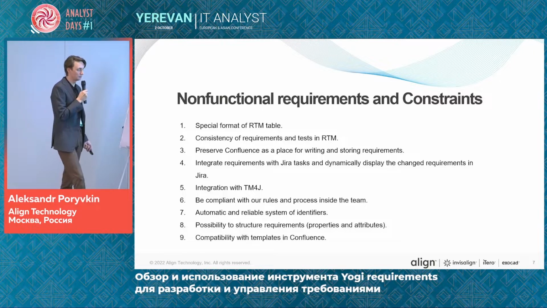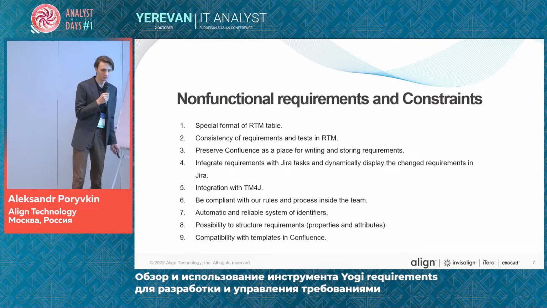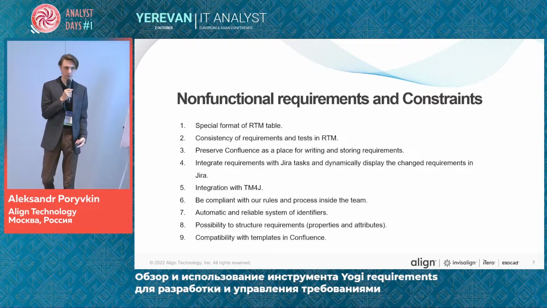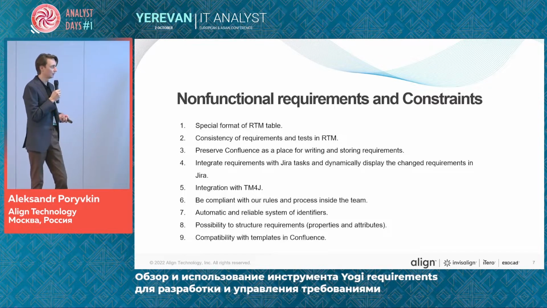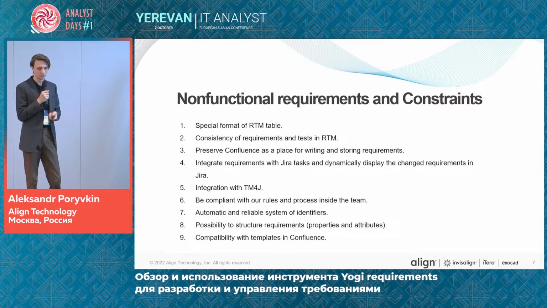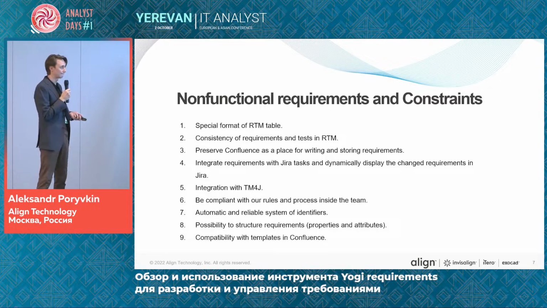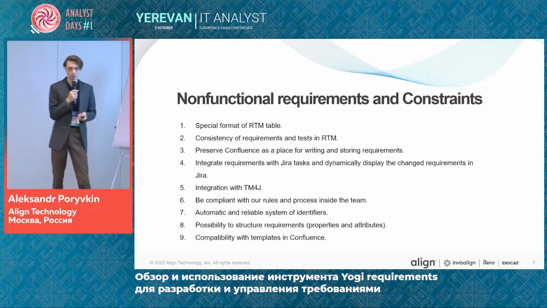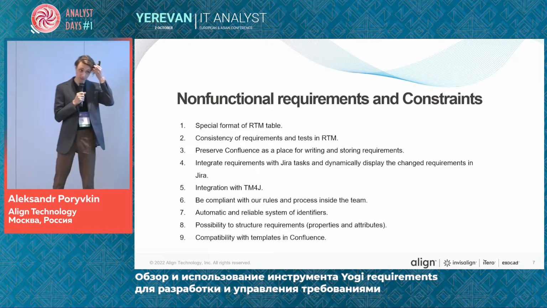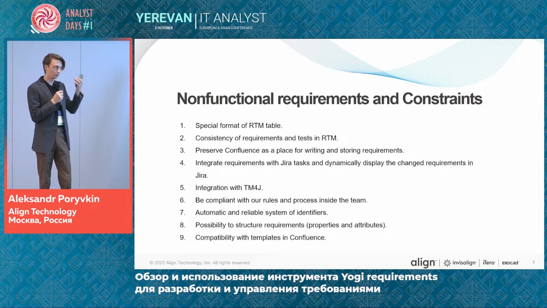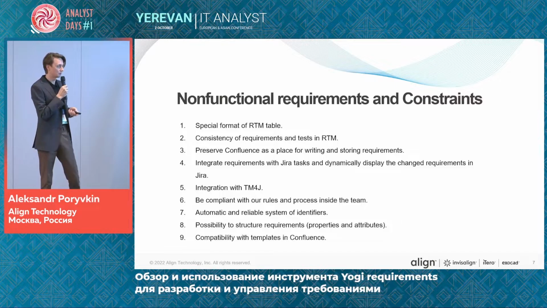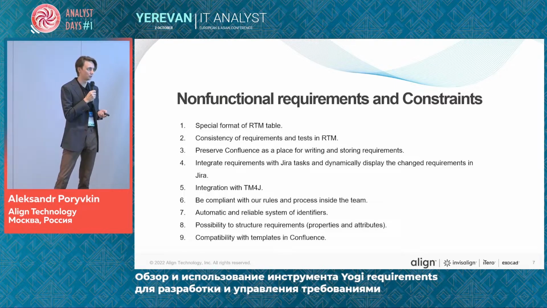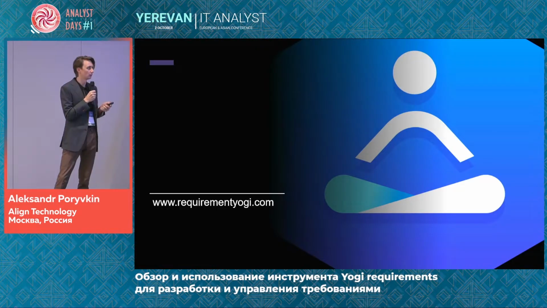Also, we wanted to structure requirements and add some properties and attributes. It's not supposed to be just simply a piece of text. Status, for example. And that had to be compatible with templates in Confluence, so each time we wouldn't have to create this separate information.